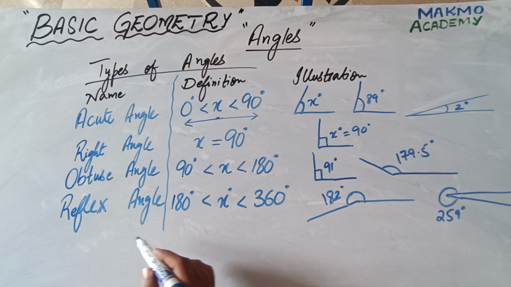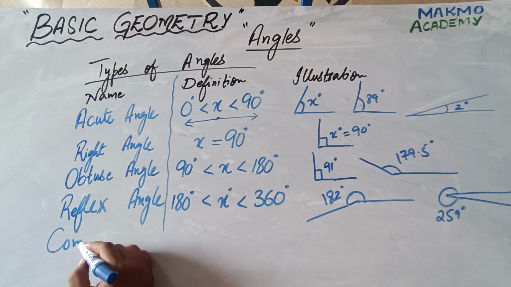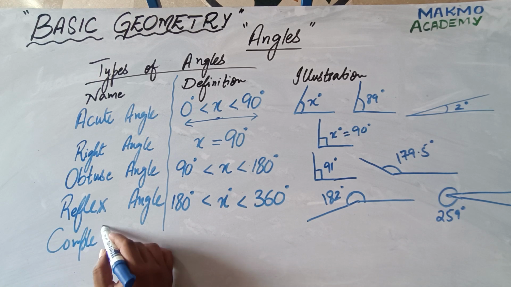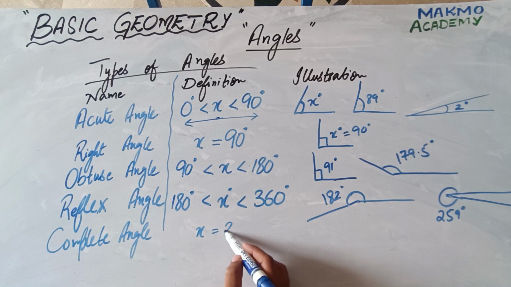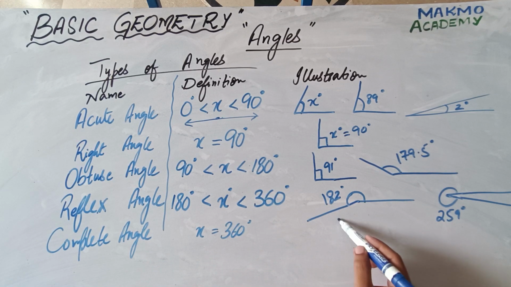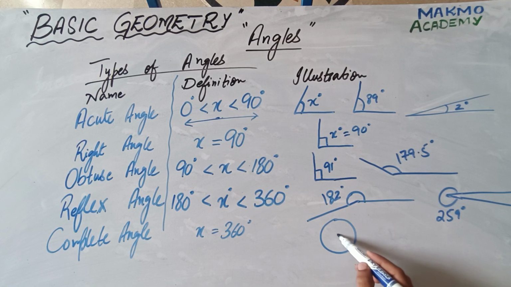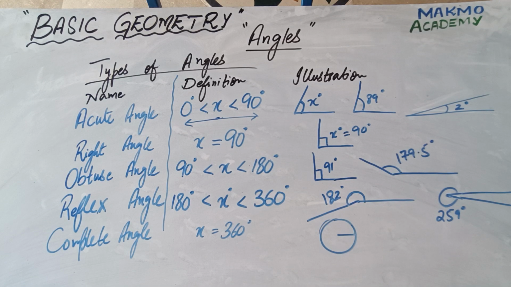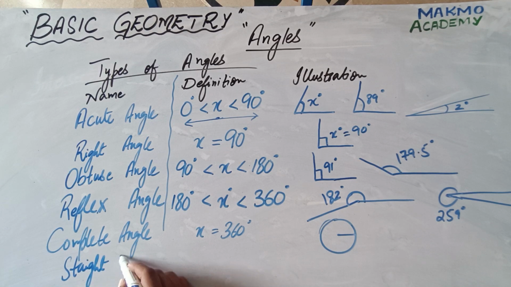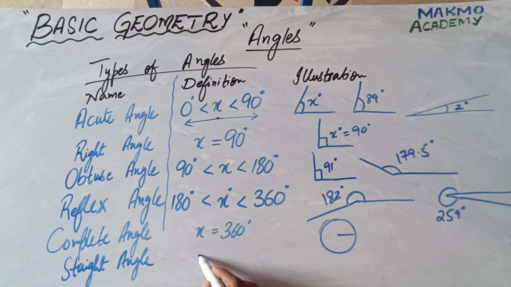Then the complete angle is a circle. It makes a complete circle, which is equal to 360 degrees. So the complete angle is represented by a circle, meaning if we start from this point and end at this point, it is illustrated as a circle. And the straight angle is one in which x is equal to 180 degrees.